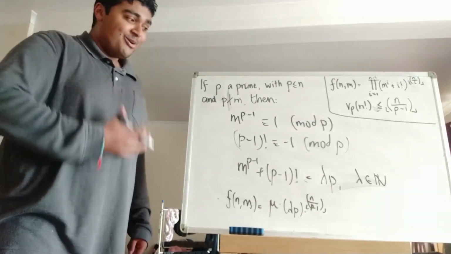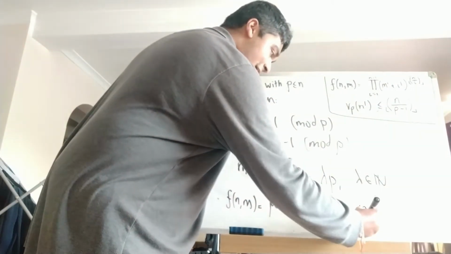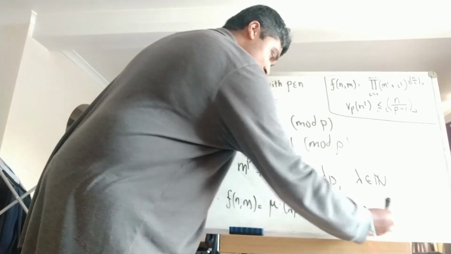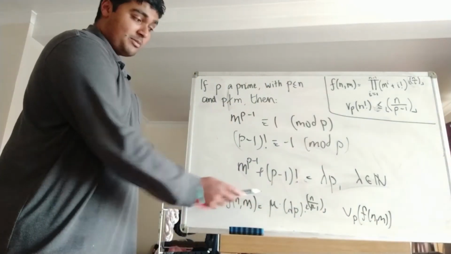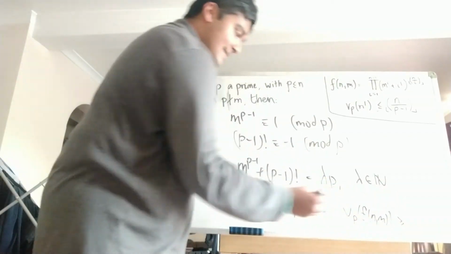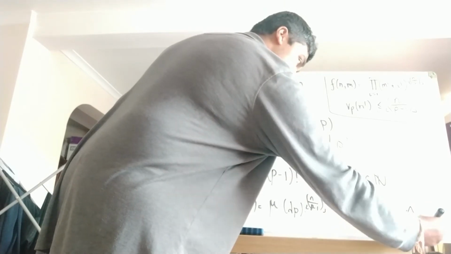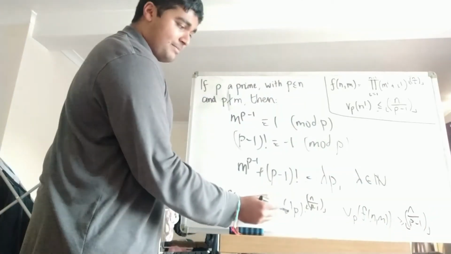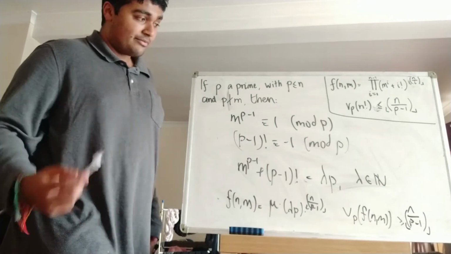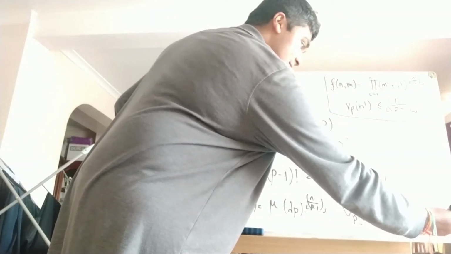We can take out more lots of p from f_n(m), because v_p of f_n(m), just by looking at this, mu might be a multiple of p, we don't know, but from here we can clearly see we've got at least the floor of n over p minus 1 coming from this p to the floor of n over p minus 1, and we know from what we just previously showed that this is bigger than or equal to v_p of n factorial.